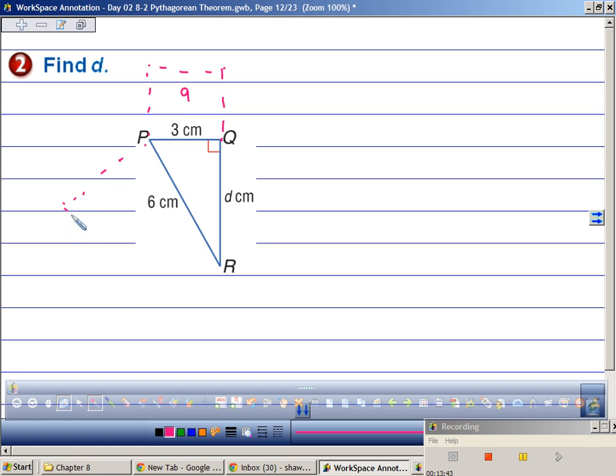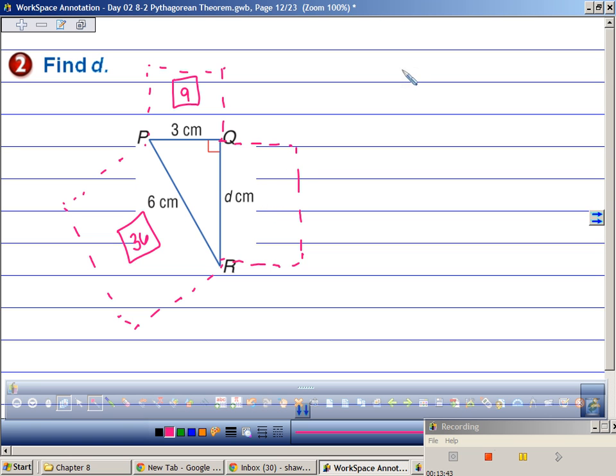The area of the larger square is 36. How do I find the area of the smaller square? I have to subtract, right? If this square and this square, the sum of these two squares makes this one, then wouldn't I subtract to find out what this one is?